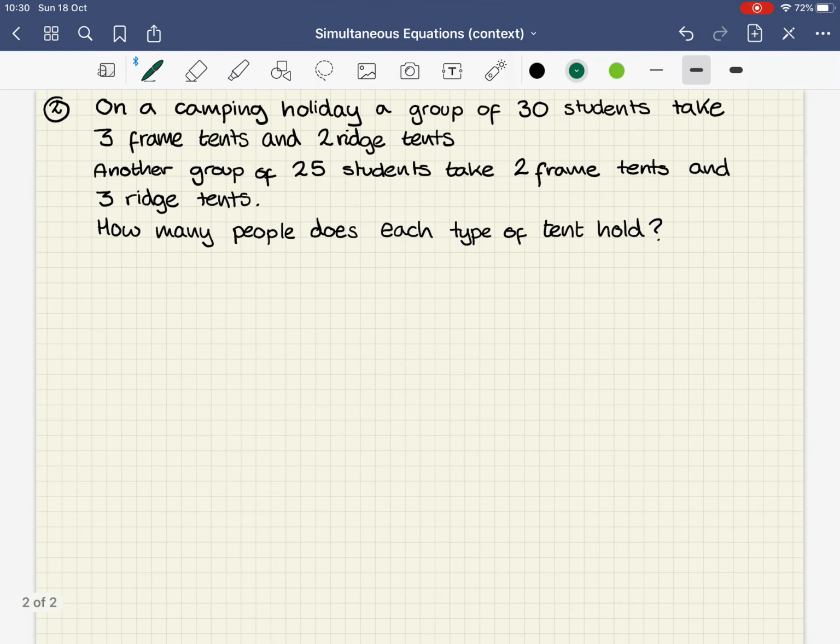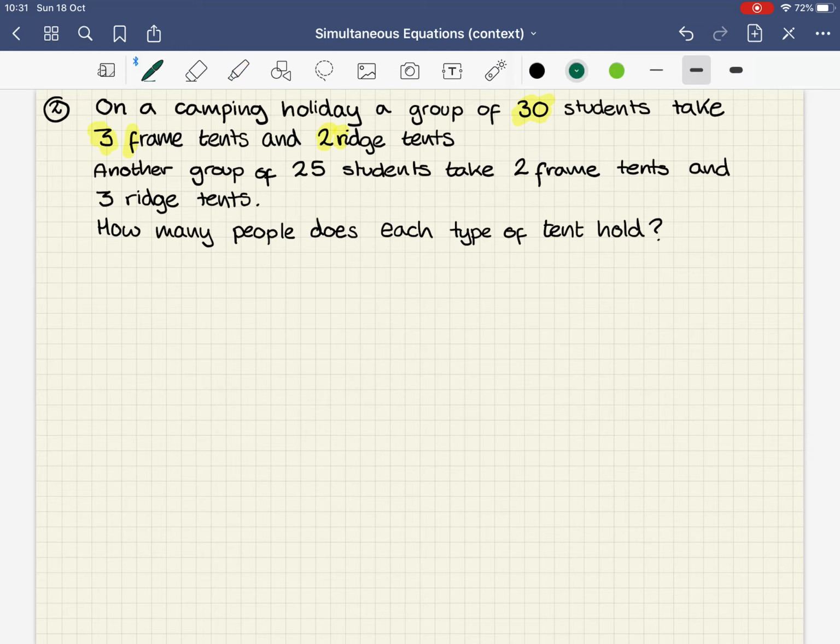So, on a camping holiday, a group of 30 students take 3 frame tents and 2 ridge tents. Another group of 25 students take 2 frame tents and 3 ridge tents. How many people does each type of tent hold? So, one of my equations is going to use this 30, and I've got 3 frame and 2 ridge.